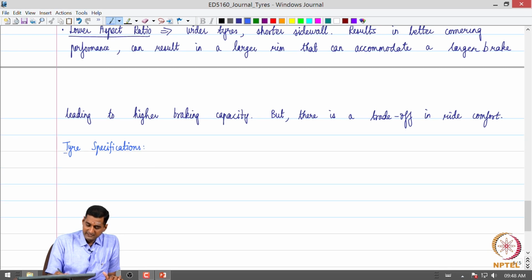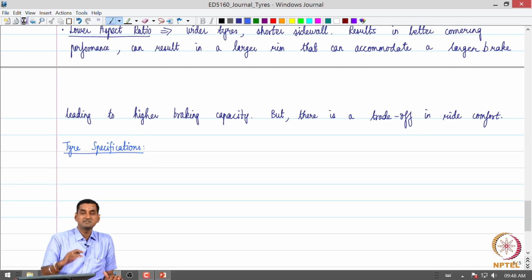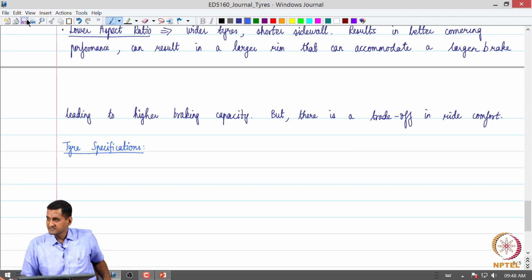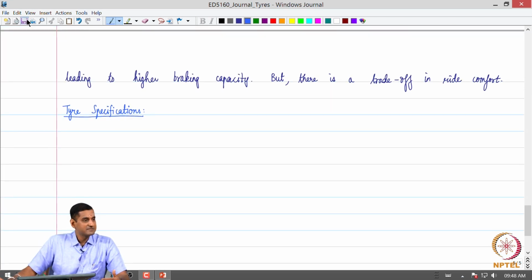If you look at a pneumatic tire, you will see that its specifications are marked on its external surface. Let us see what those typical specifications are and how to interpret them, based on what we have discussed.